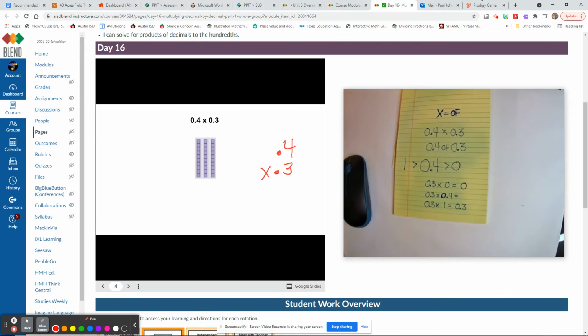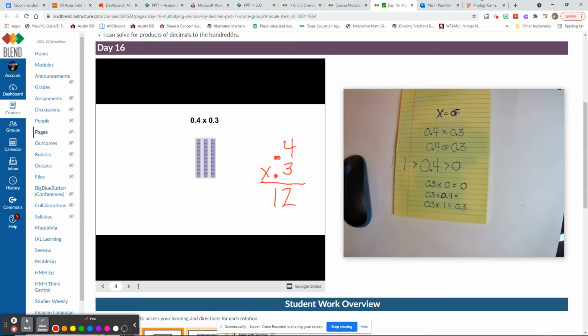If we ignore the decimal points, it just looks like a fact from a Mad Minute. So 4 times 3 would equal 12.